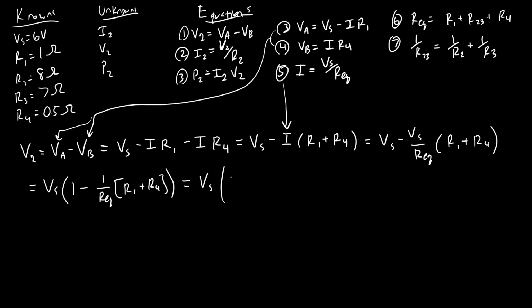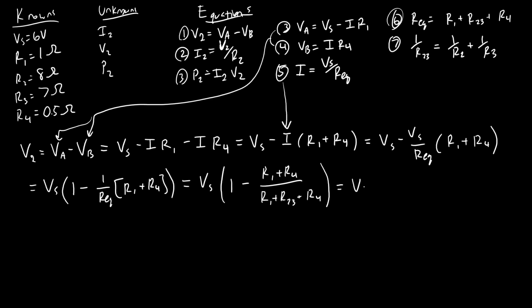So that's going to be Vs times 1 minus R1 plus R4 all over, now we're going to plug in equation 6, so that is R1 plus R23 plus R4. And this is where, again, maybe combining equations makes the algebra kind of annoying because of how big and nasty that formula for resistors in parallel gets.